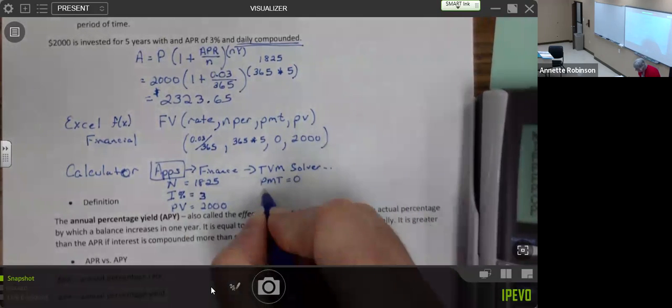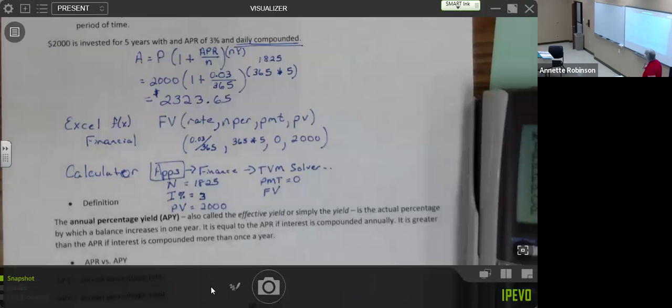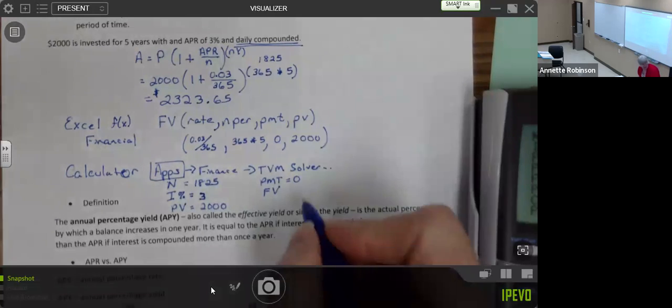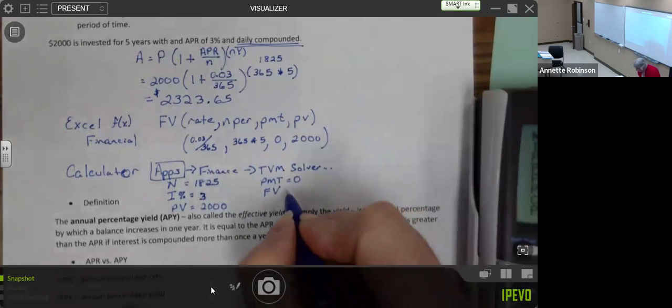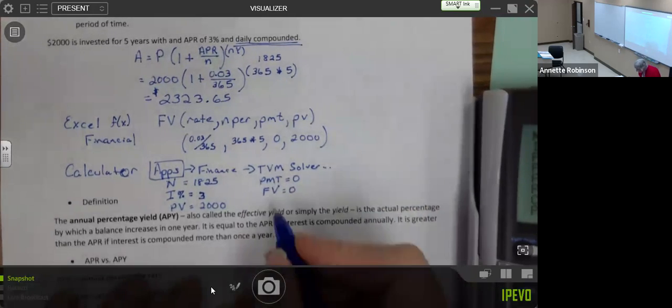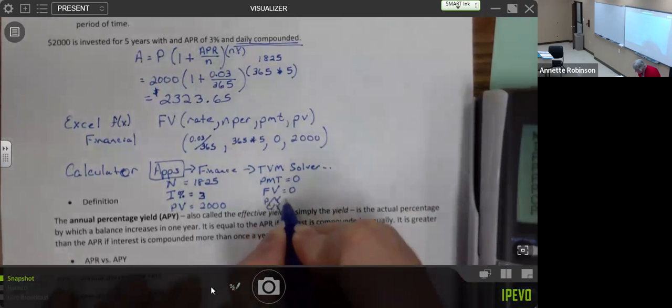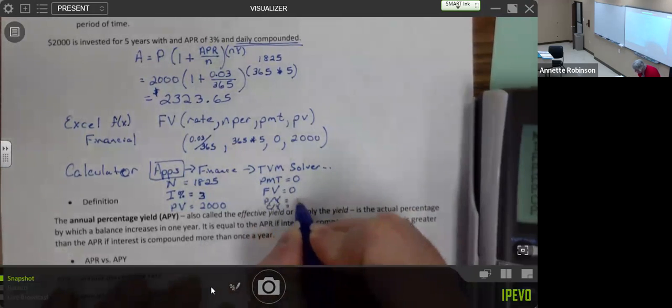Now, the next thing is FV. That's what we're trying to find. So right now on your calculator, I would like you to put a 0 in, but please note, we're going to go back to that in a moment. That's what we're going to solve for. The next two are your payments per year and your interest per year. Both of these are your original N, and they've got to be the same number.